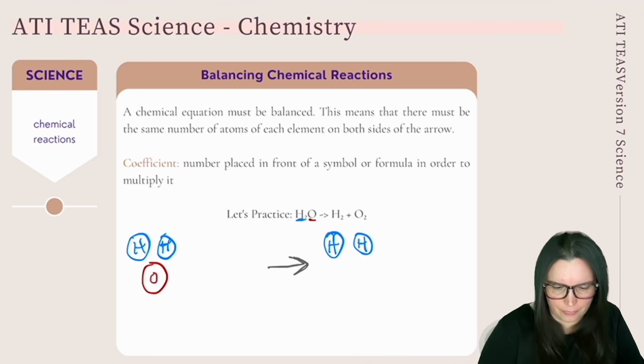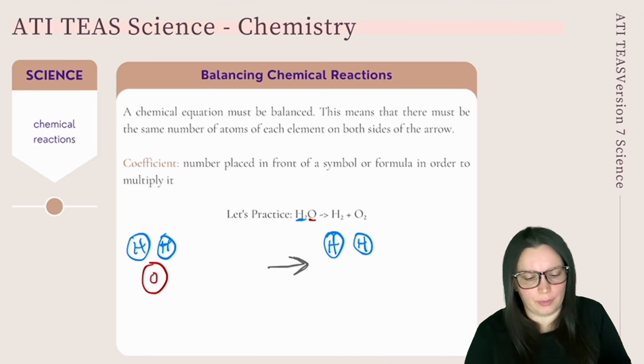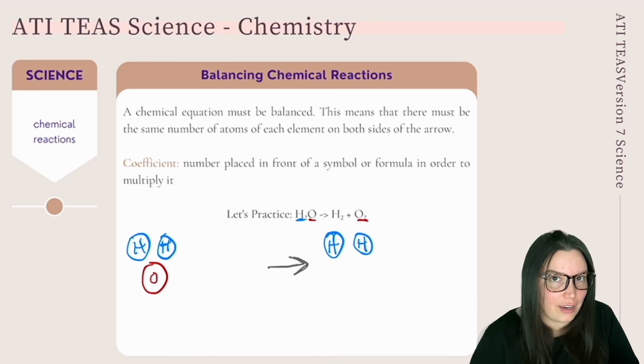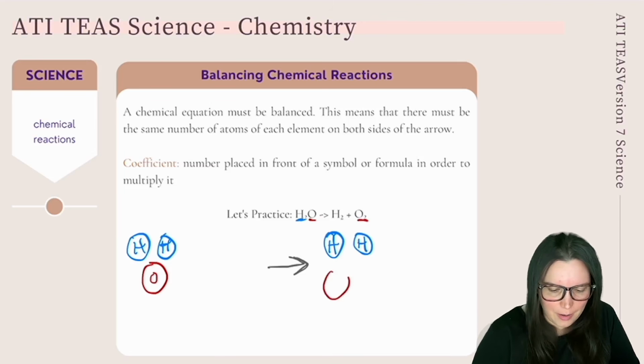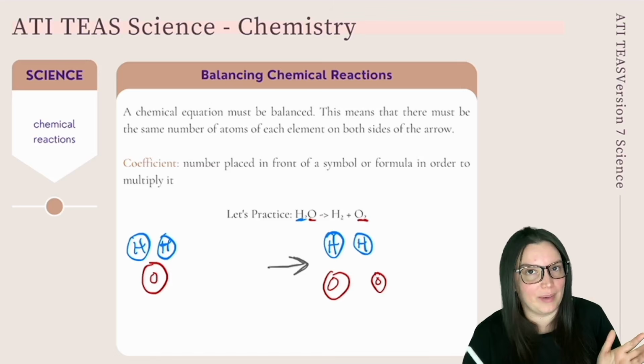We know that makes sense. We have 2 on the left, 2 on the right, but we have 2 oxygens on our product side, right? 1 oxygen and another oxygen. So when we're looking at this equation, it is not balanced. How do we balance it?